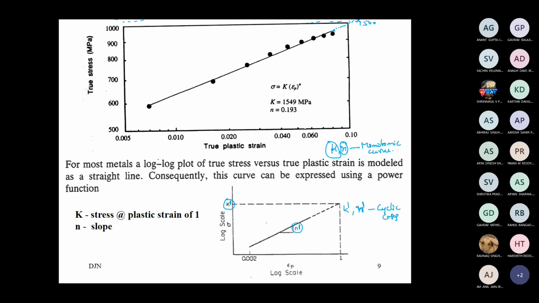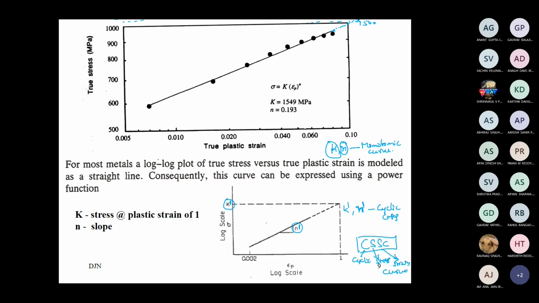But if these properties K and N are determined from cyclic loading, not from monotonic loading, we have a term called, we'll see later, at present we'll complete this discussion, the CSSC curve. C means cyclic, first S stress, second S strain, and the last C indicates the curve.